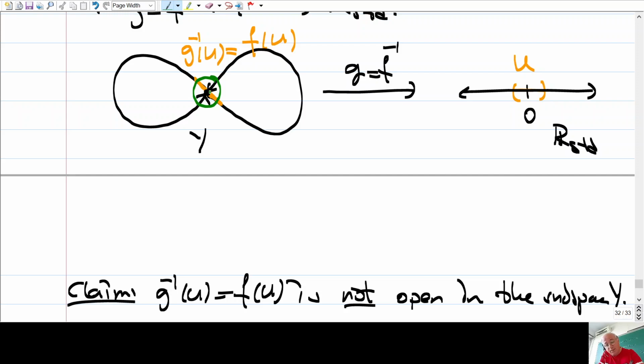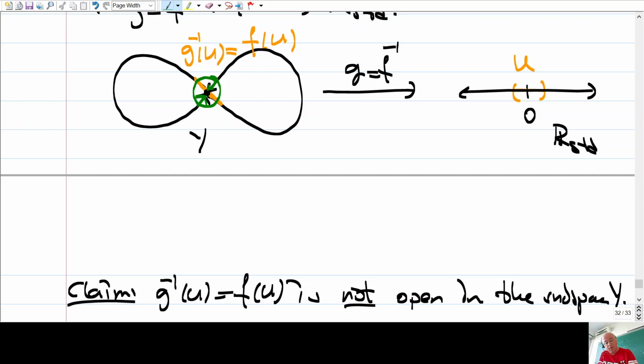But the intersection of this ball with the figure 8 is not only the orange piece, but also these two segments, right? These pieces. So the intersection of this ball with Y contains more than this orange piece. Therefore, the orange piece itself is not open in the subspace topology.